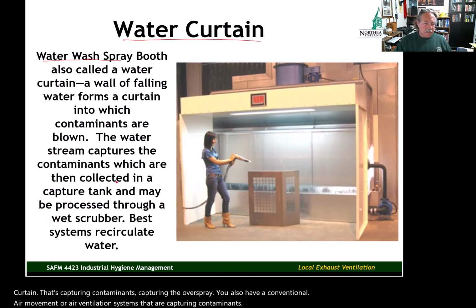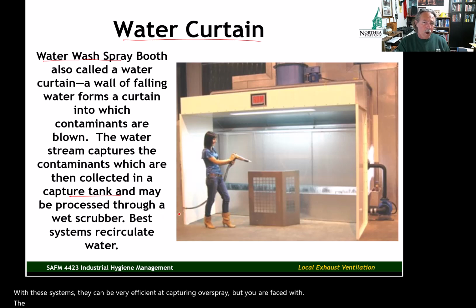With these systems, they can be very efficient at capturing overspray, but you are faced with the dilemma of what to do with the contaminated water. There would need to be additional treatment measures taken to treat the contaminated water.